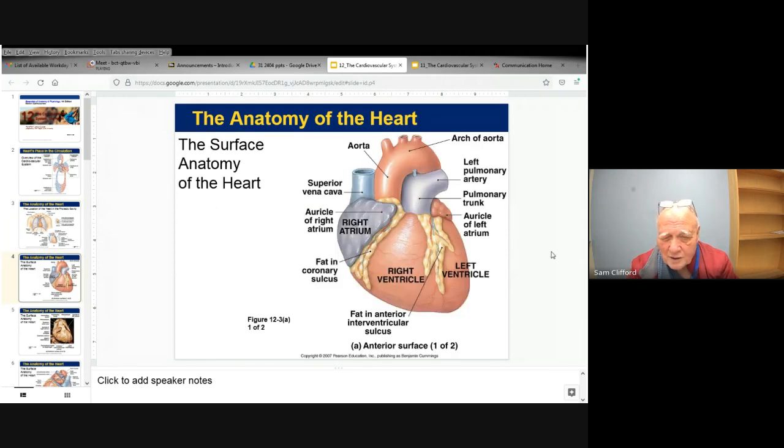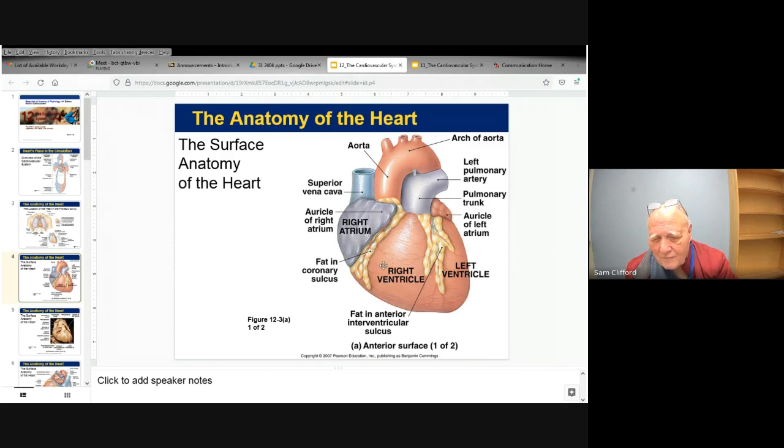You should know all of these parts of the heart. So: right atrium, superior vena cava, bringing in blood from the top of the body. The inferior vena cava brings blood to the right atrium from the lower half of the body.